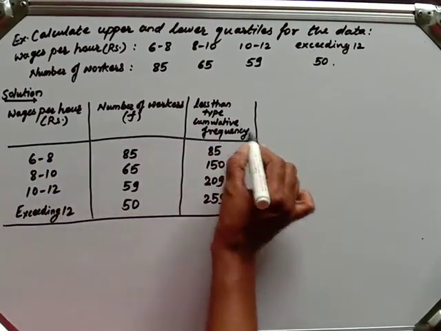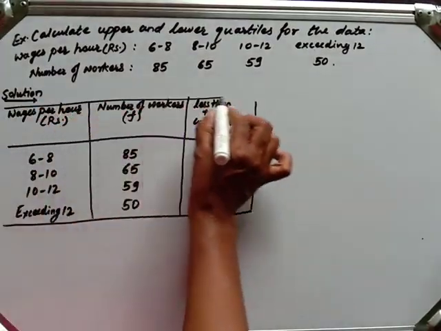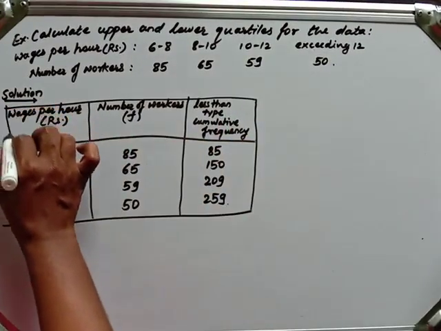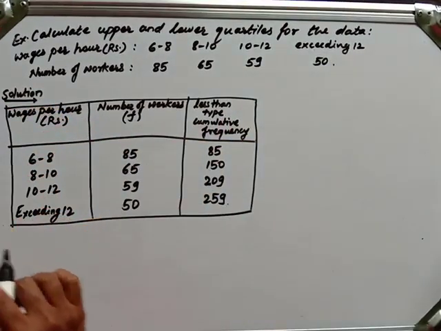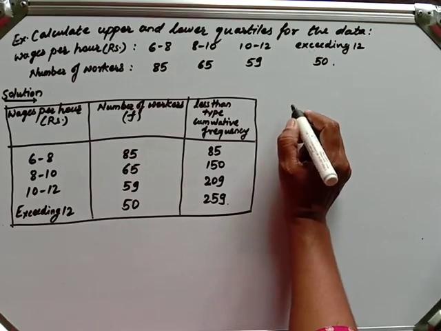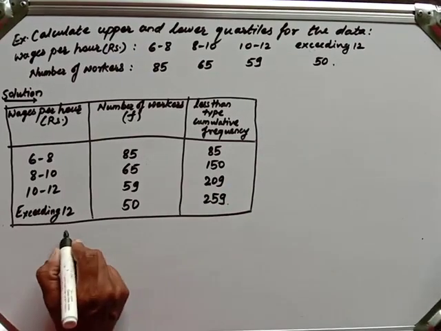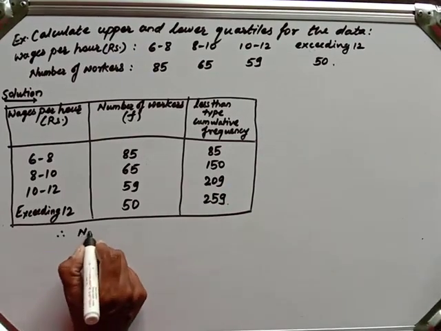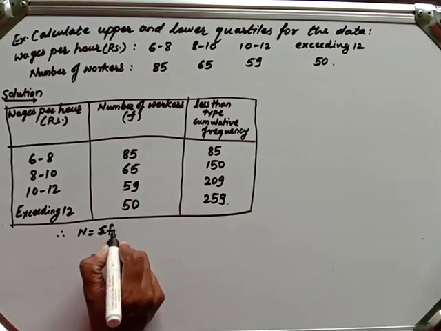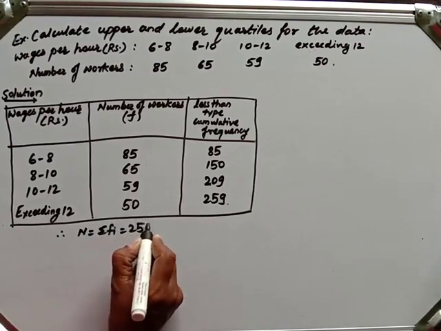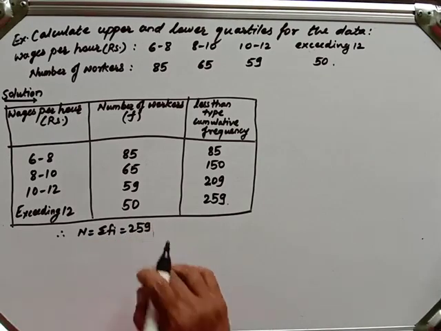We need to obtain the classes for the upper quartile as well as for the lower quartile. From this you can conclude that n, or the summation of fi, is 259.